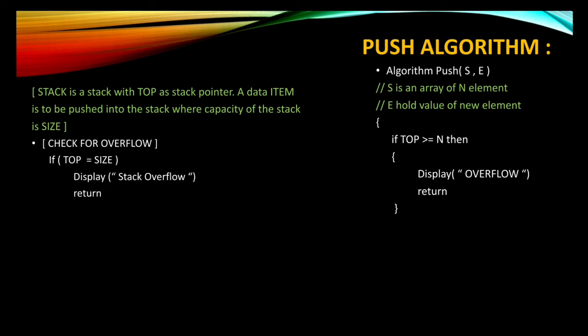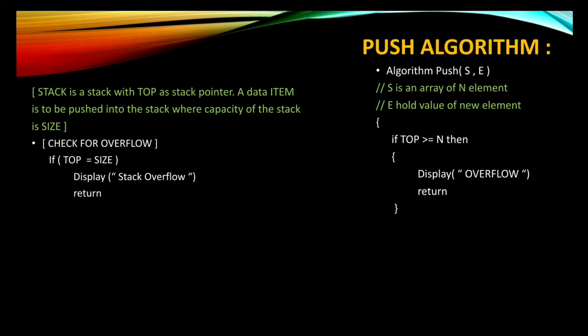Now, we can write it in this way also: if top is greater than or equal to n, where n is the size of the array. When we are dealing with an algorithm, we write equals to n.